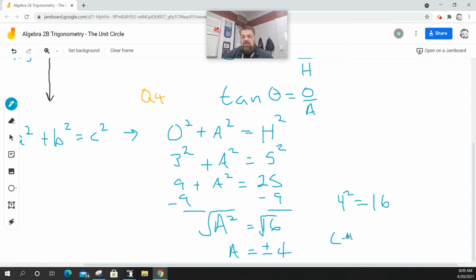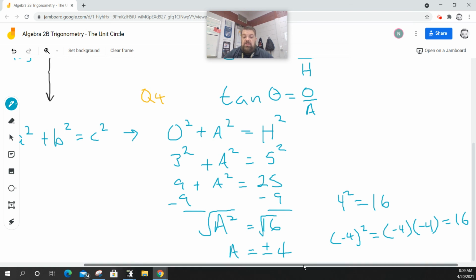But if I say negative 4 squared, that's the same as saying negative 4 times negative 4. That also equals a positive 16. That's also why we can never take the square root of a negative number, because no matter what you square, it will always be positive. You can never square a number and have it be negative, not a real number.